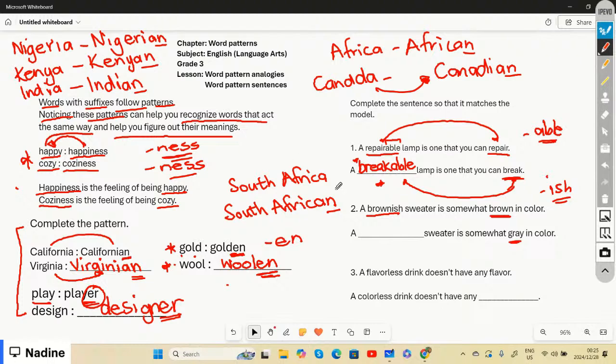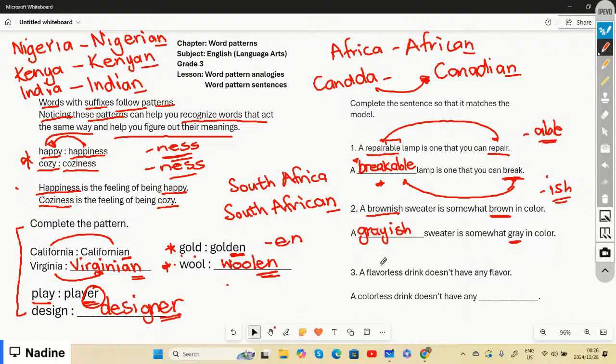All right, and if we were to identify the correct word, then yes, if a brownish sweater is somewhat brown in color, then well done. A grayish sweater is somewhat gray in color. Well done.